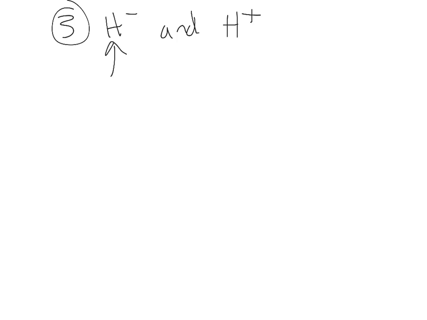The third reduction is if you have an H- and an H+. This first hydrogen has 1 proton and 2 electrons. The second hydrogen has 1 proton and 0 electrons. Usually your source of H-, your source of hydride, is a hydrogen bonded to some sort of metal, something like sodium borohydride or lithium aluminum hydride.